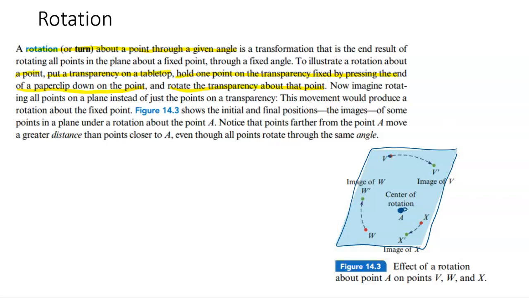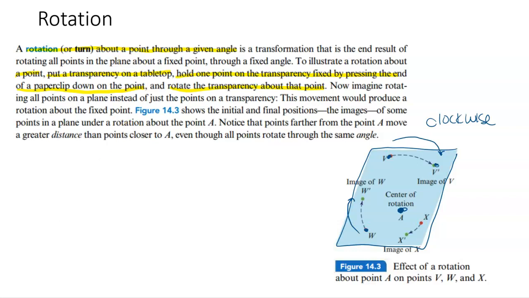And so we're holding it down here, and then we're going to rotate the whole thin paper on the top, the transparency, all the way to this angle amount to V. And this would be a clockwise rotation, and I don't know the angle here, but whatever angle that is, and that same distance, remember, if W was here, then when we rotate it as our pencil holds A, we're going to get that result of W prime.